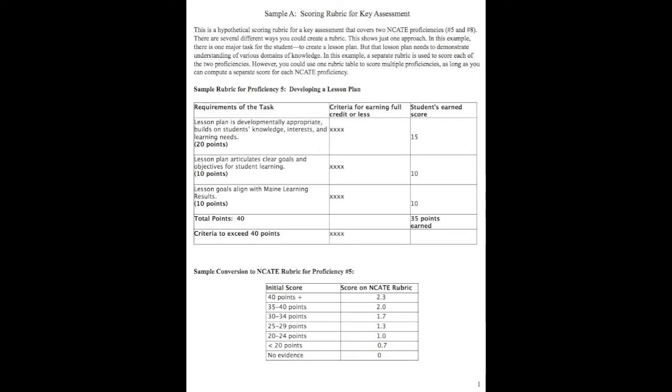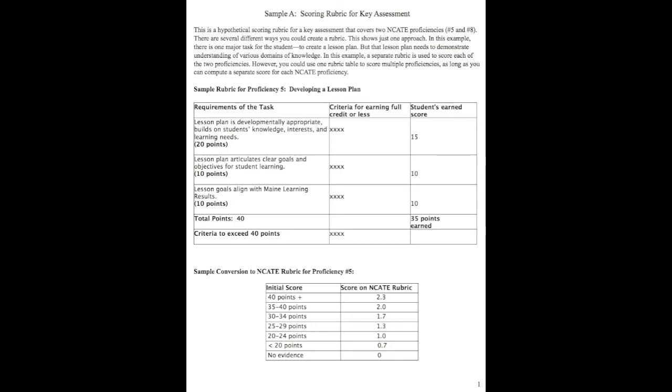Now, in creating this conversion table, I first looked at the at-a-glance chart for this degree program, and at the point at which the student takes this course and this key assessment, the minimum level expected performance is a level 2. So in creating the conversion rubric or chart, I started at a 2+, and the reason for that is to allow for opportunity for students to score beyond the minimum level expectations.